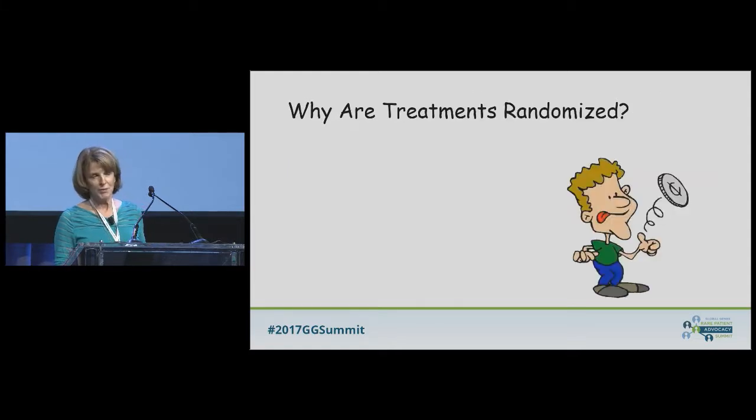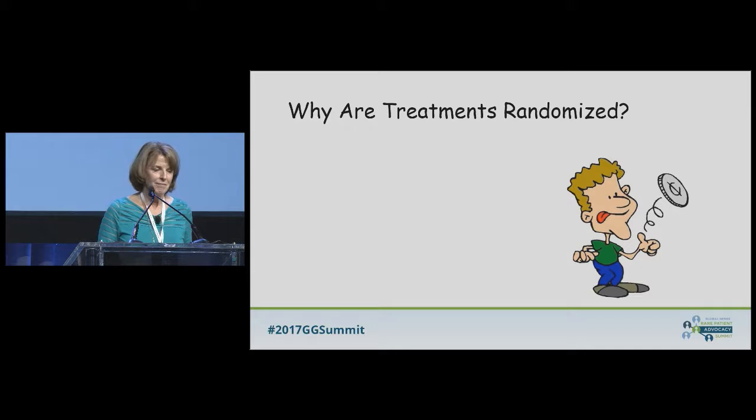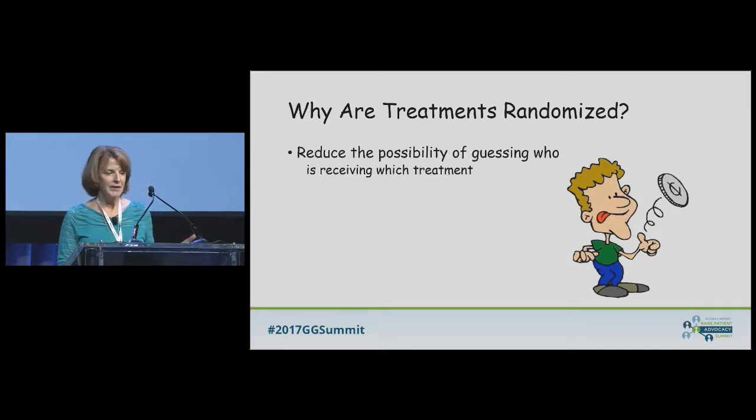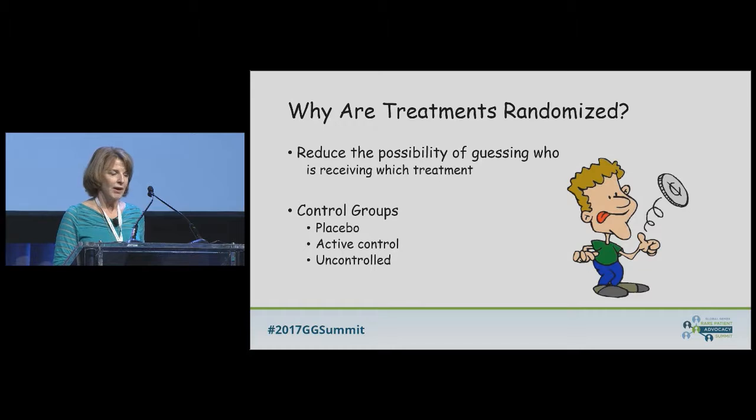And then why are treatments randomized? And that kind of goes along with the blinding. When you randomize, you reduce the possibility of bias and being able to guess which patient is getting which treatment. And that also helps to make sure that you're not over-reporting side effects for one treatment versus another.